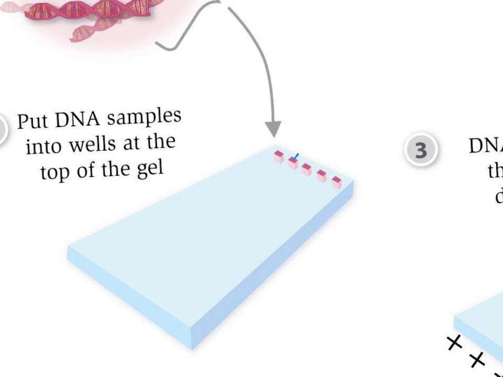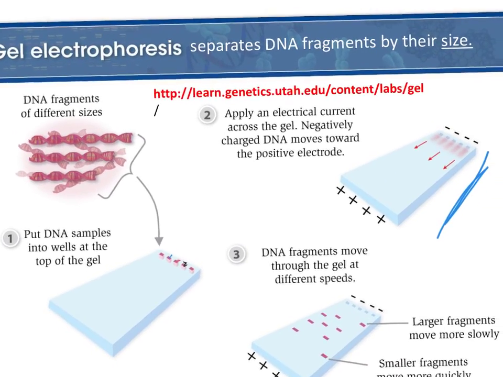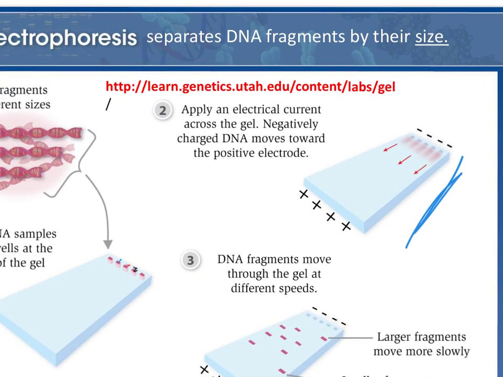You put some other DNA there from the other person there, right? And then you actually apply an electrical charge. And it turns out STRs, they have a charge. And so here you have a negative charge. You apply an electrical current, and the DNA is going to go towards a positive charge.